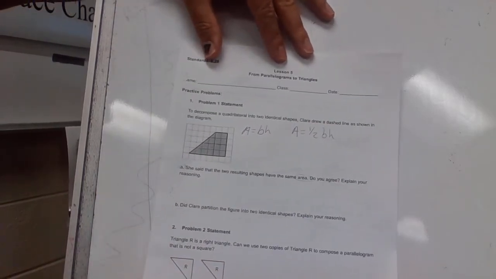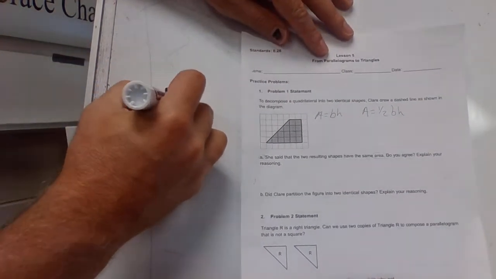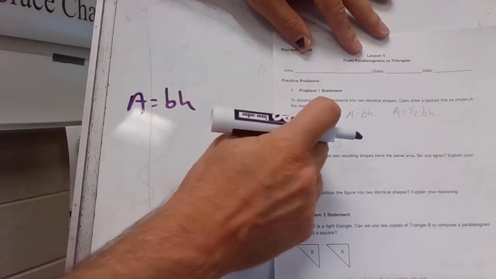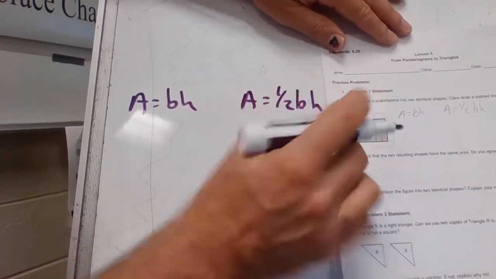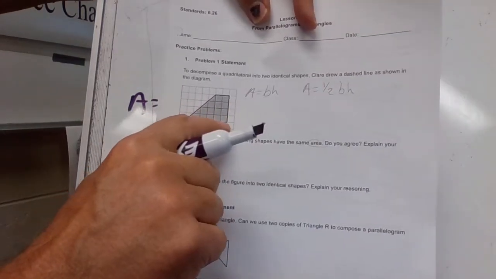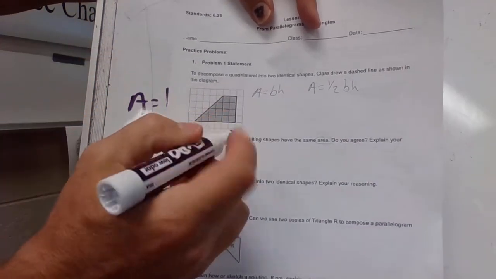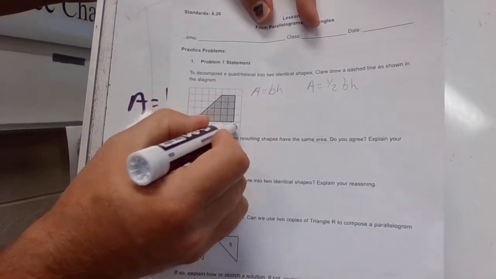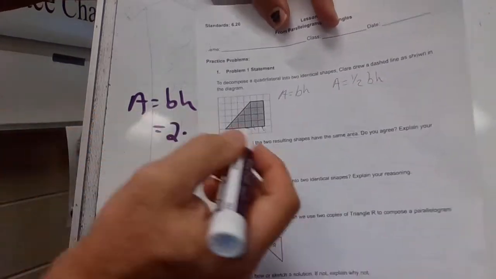We'll go ahead and work this on the board so we can see it a little bit better. Area equals base times height. The other part is a triangle: A equals 1/2 base times height. We've got to have a base and a height, or a length and a width. Count the blocks. 1 block, 2 blocks over. So we know the base is 2. How high is it?